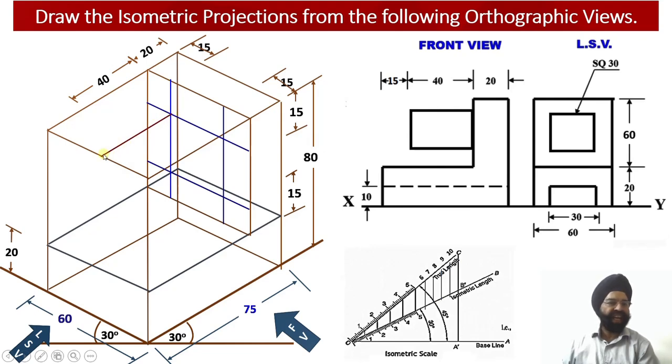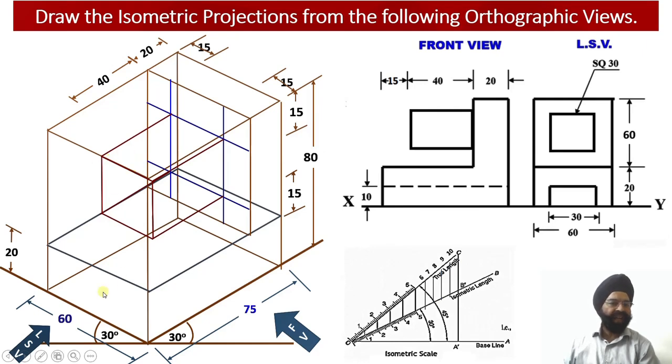So this is one edge, then the second edge, then the third edge, and then the fourth edge. The 4 edges have been drawn with length equal to 40 millimeter. Now I am going to join these edges 1, 2, 3 and 4. So this completes the construction of the square web.